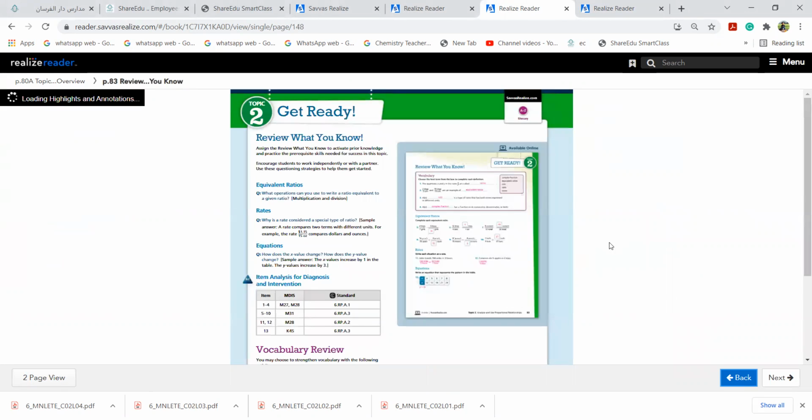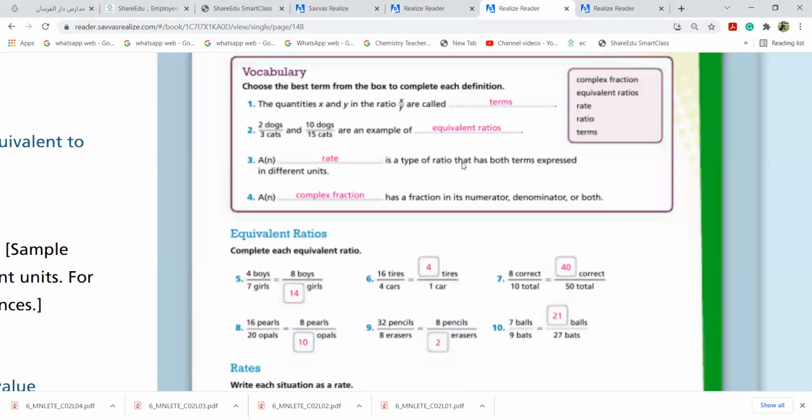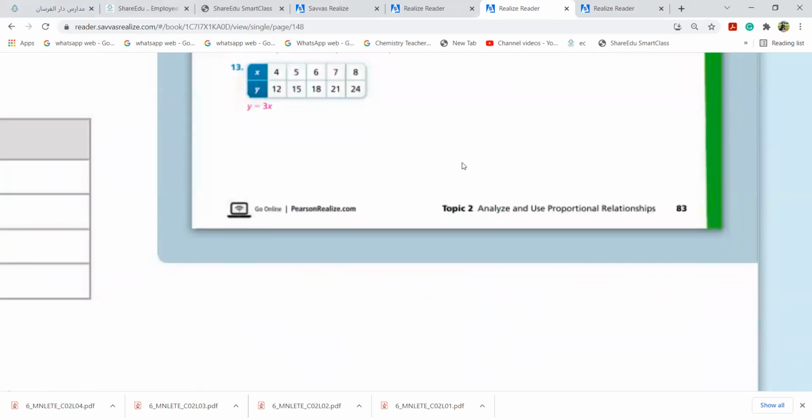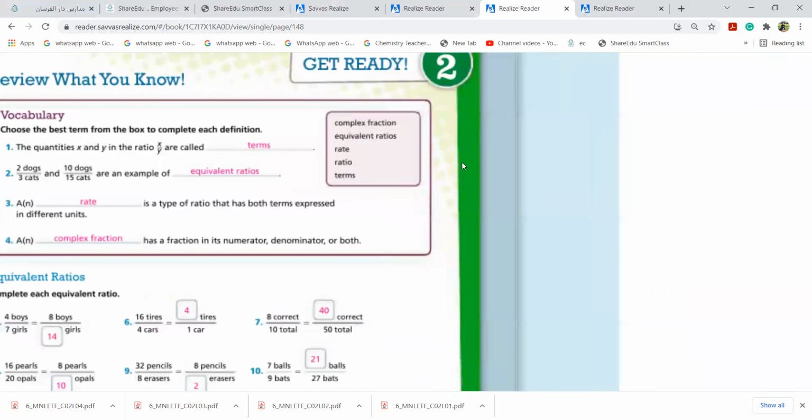You have this page, girls. The unit review I will do inshallah, girls, when we have 2 periods, okay? I will do that with the unit review. Okay. Page number, now please, page number 83, everyone. Page 83.